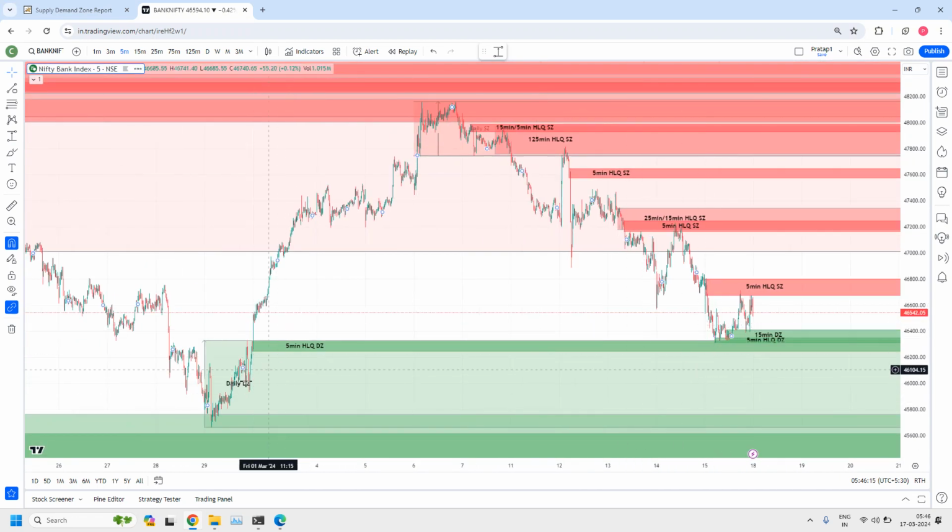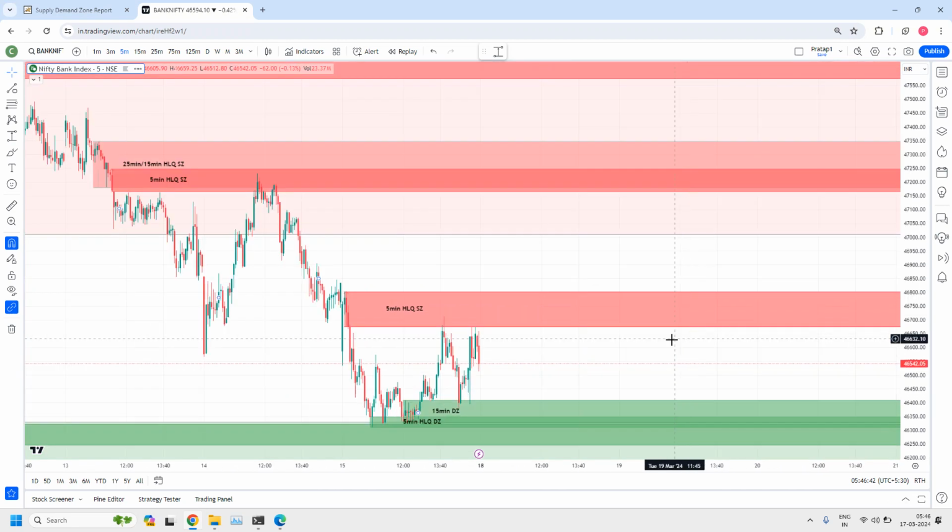But is there any order flow below this? Because in case this demand zone is violated, then this entire 5 minutes demand zone will be violated. Is there any further order flow below this? Let us check in the 5 minutes. If supply is very strong, if institutions are strong, easily these zones will be violated. But this demand zone is having capacity.